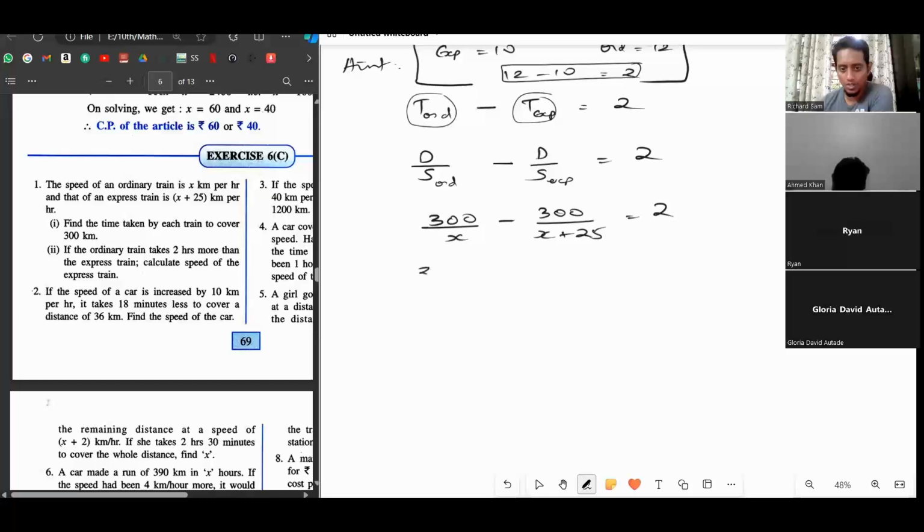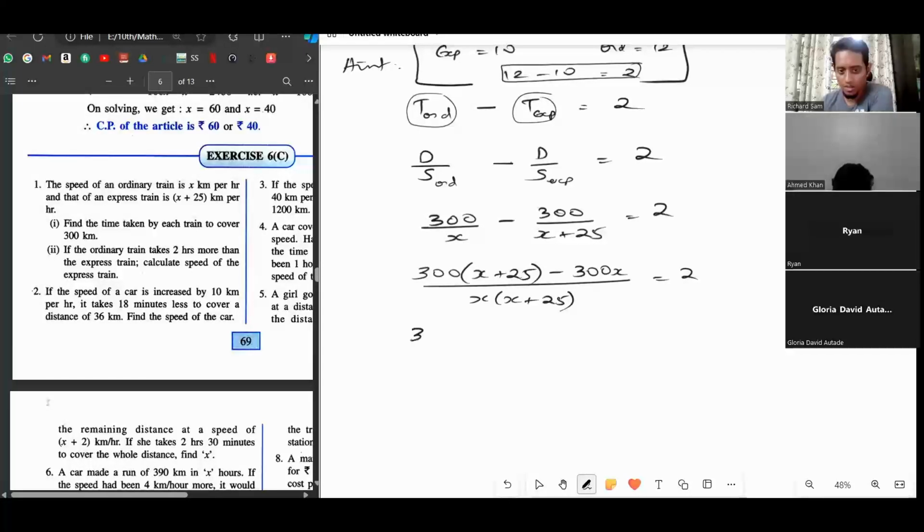So cross multiplying, 300 into x. That's not the quadratic equation. You got the quadratic equation? Okay, check what I'm doing and see if it's correct. Aman, is your first step correct?